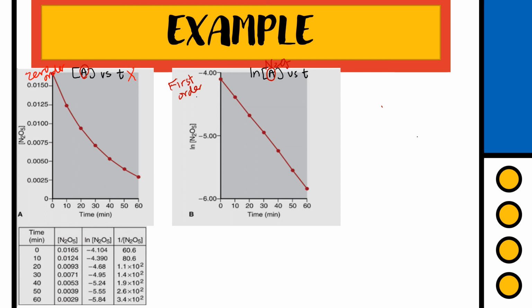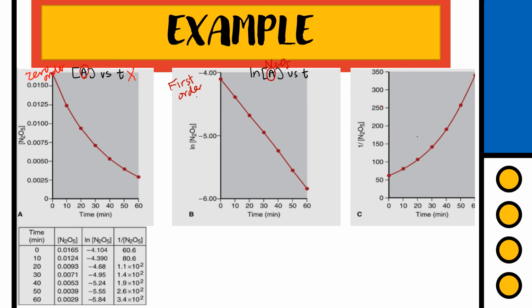So most probably, this is a first order reaction, but to make full sure that it is a first order reaction, since we already have the data here, let's plot 1 over N2O5 against time. This is for the second order. When we plot 1 over concentration against time, we get a curved graph.